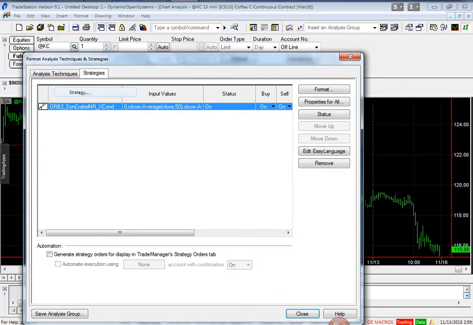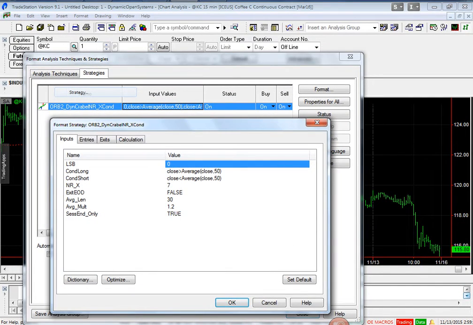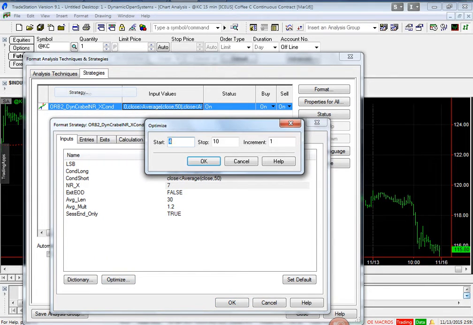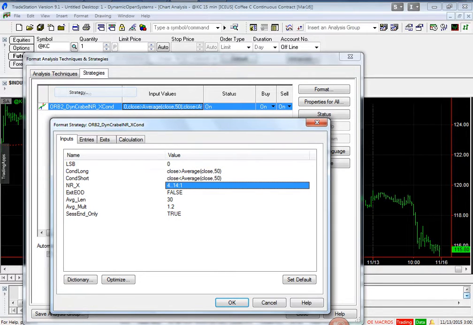Now, the NR pattern is something that we can actually optimize if we'd like. So we're going to optimize from 4 to 14 in steps of 1. So this is the narrowest range day. We're going to say I'm only going to buy when I have the narrowest range day in the last 4 all the way to the last 14 days.